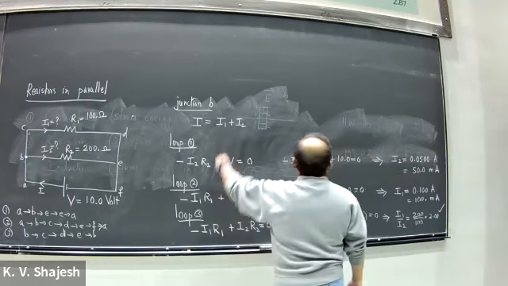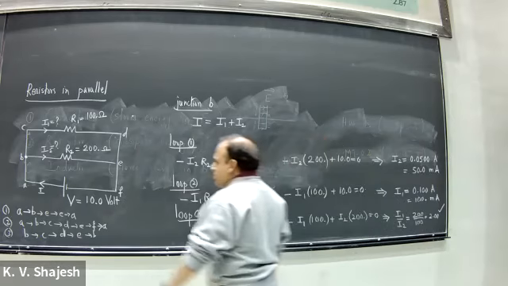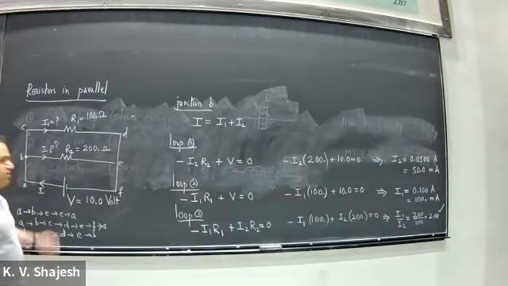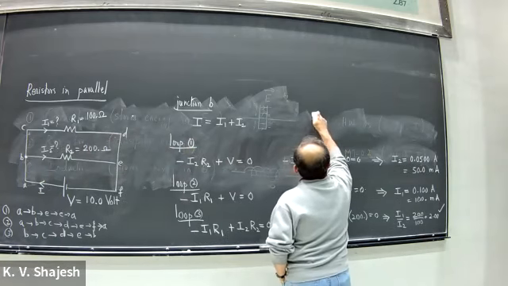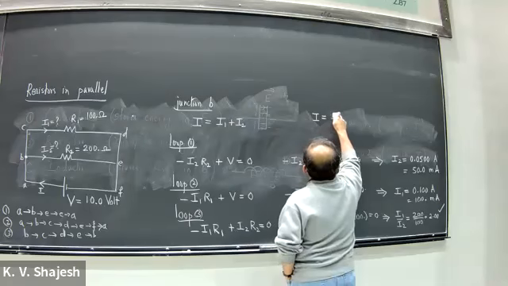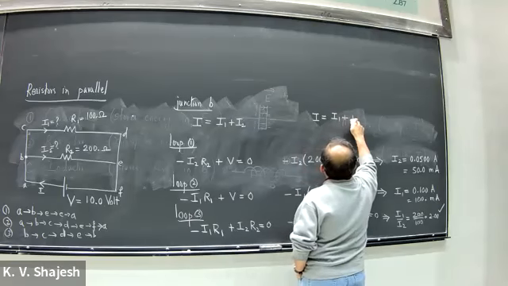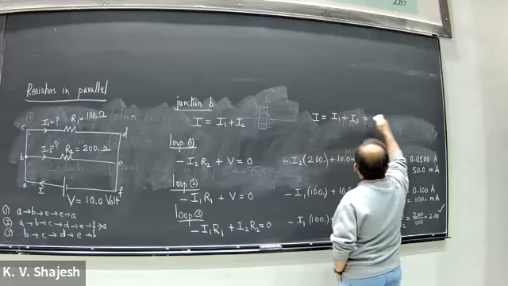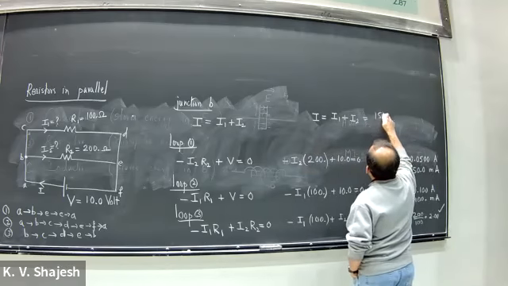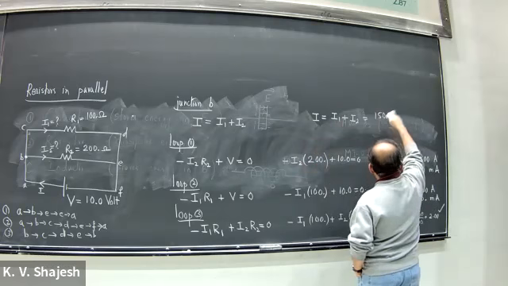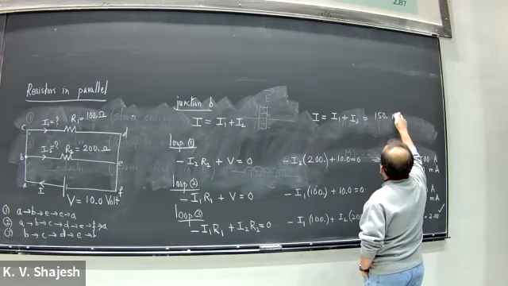We can now go in here. So this tells us how much total current these two resistors pull from the voltage V. So we know that I is equal to I1 plus I2, which is 100 plus 50, which is 150 milliamps.